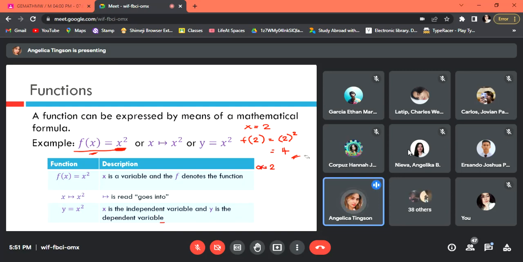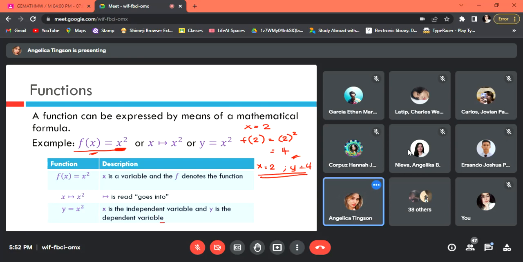Kapag ang ating a ay 2, or our x is 2, sorry. So, baka nalilito kayo ha, x is a, and then b, or our function of b, no, is equal to y. Okay, so sabihin daw natin na si x ay 2, therefore, yung y natin ay equal to 4. Okay, so ganyan siya ginagawa. Okay, so any question po about this?